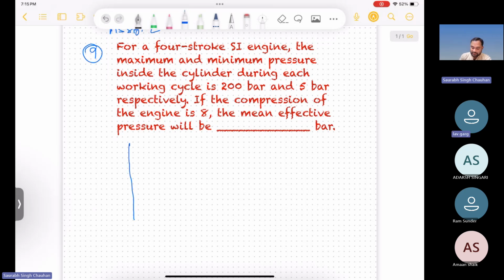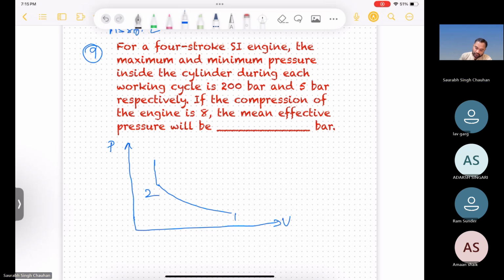So for the Otto cycle, you make the PV diagram. 1 to 2 is isentropic compression. Then 2 to 3 is constant volume heat addition, 3 to 4 again isentropic, and 4 to 1 is constant volume, right?